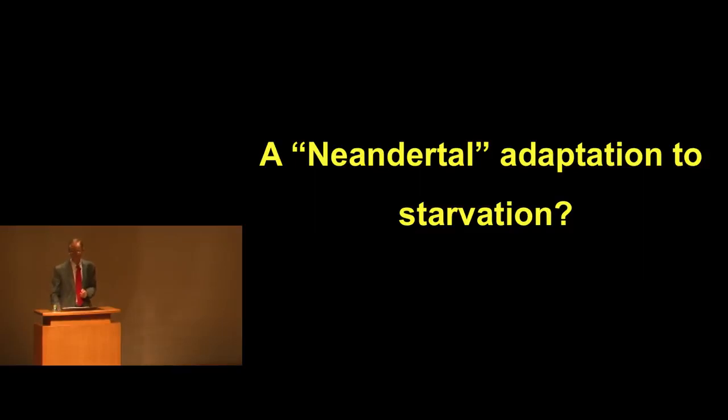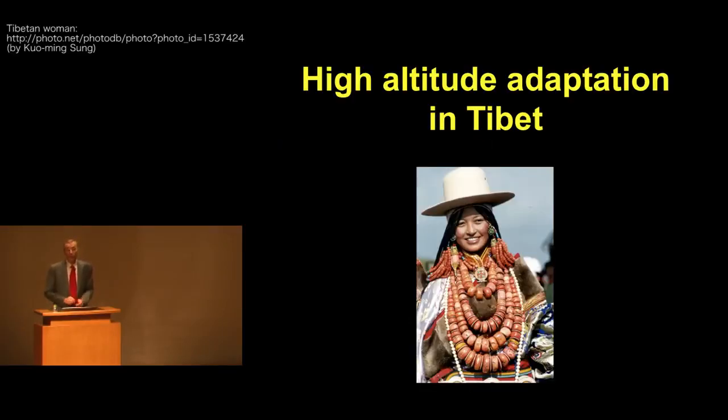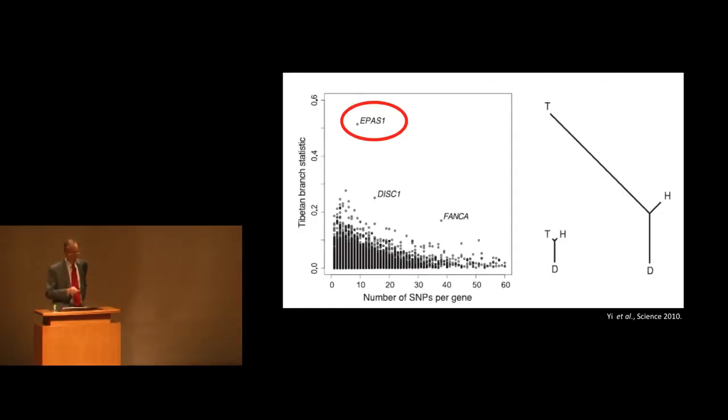It's also known since quite some time that populations in Tibet are adapted to living at high altitudes where there is little oxygen in the air. It was also known that a major adaptation to that was a variant of a gene called EPAS1 that has to do with how many red blood cells you have in your blood.